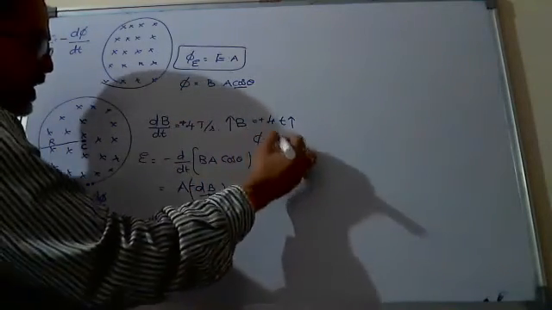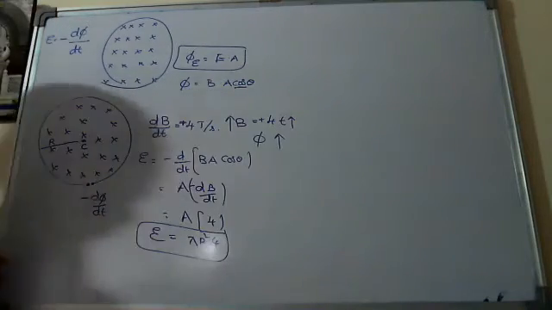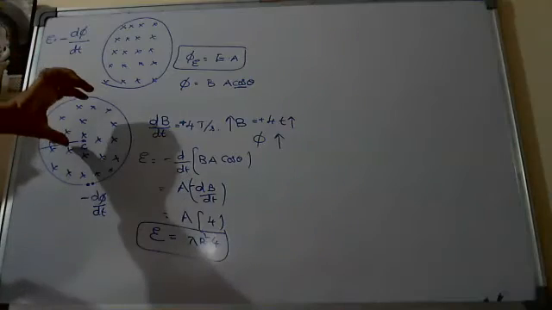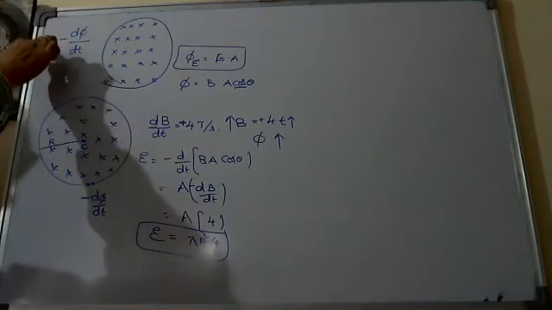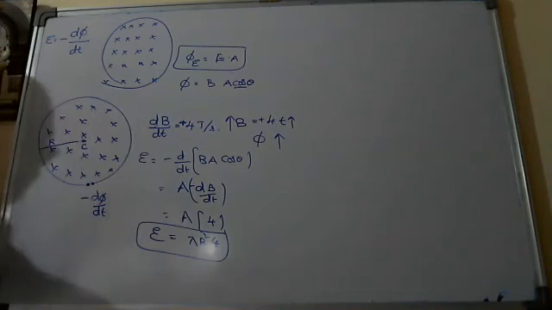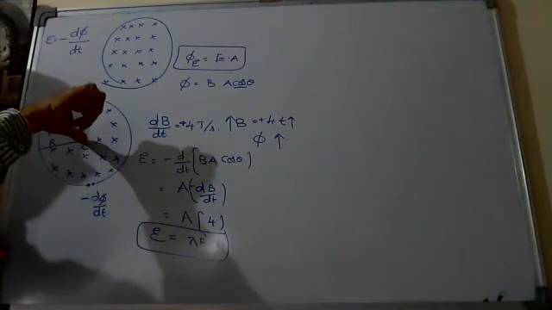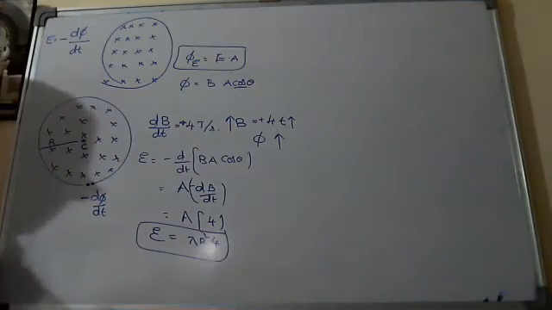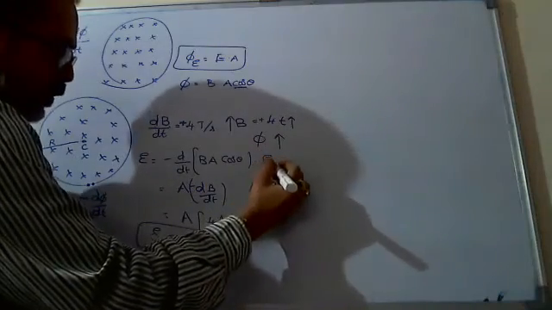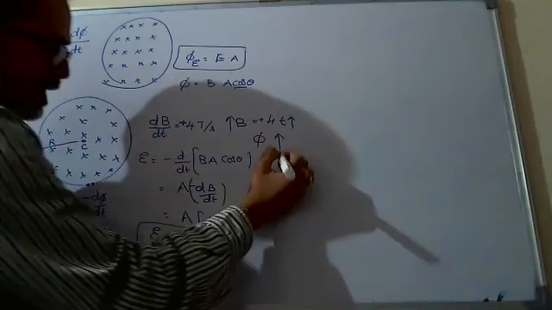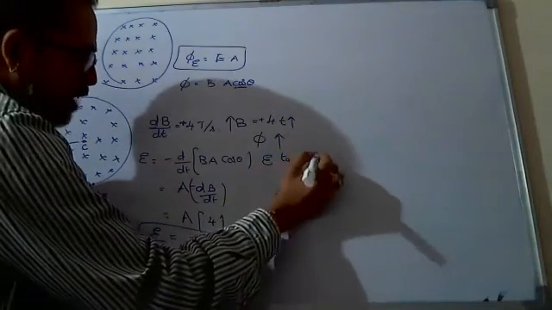That's why flux is increasing. Since the flux is increasing, the EMF is produced on the perimeter to decrease the flux.